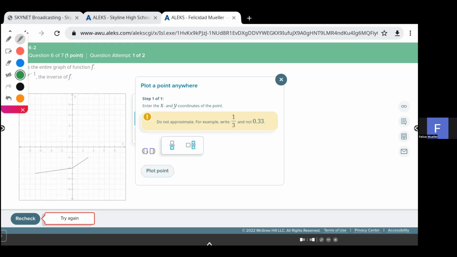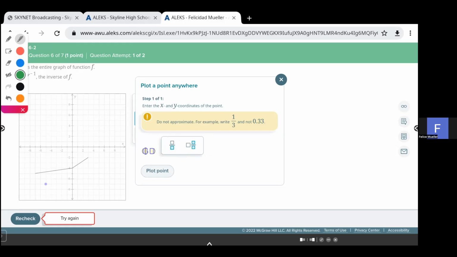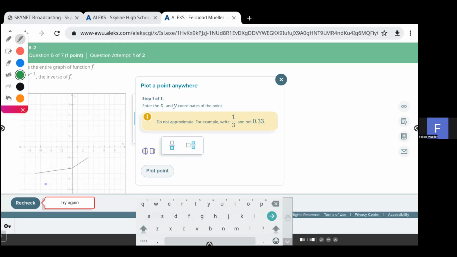So we're gonna plot -5, -7, and hit plot. All right, and next I'm gonna do -4, 0. And this is at 3, -2, so it should be -2, 3.